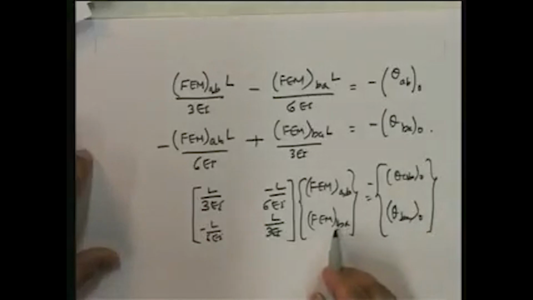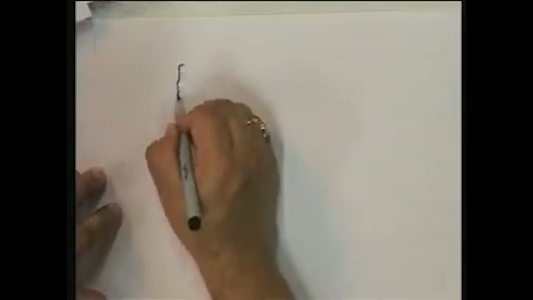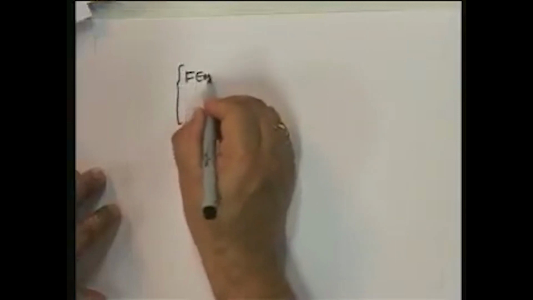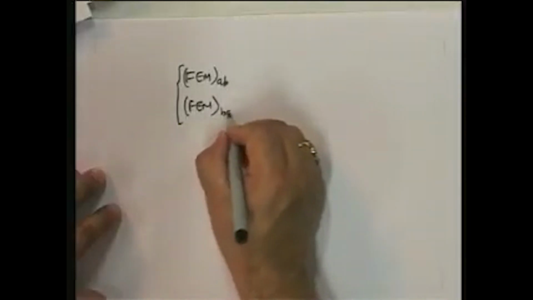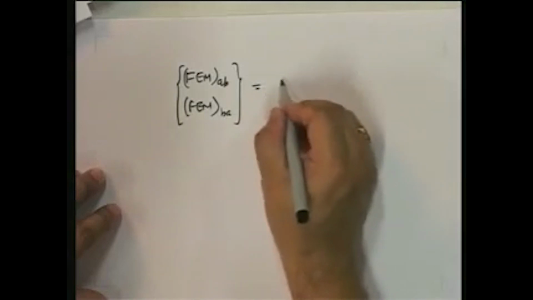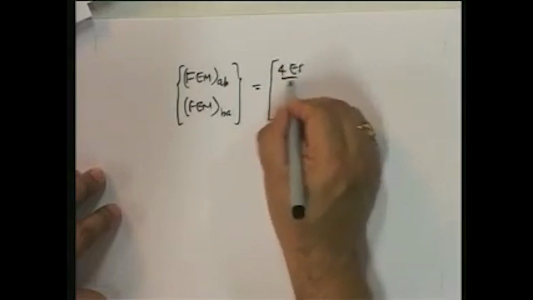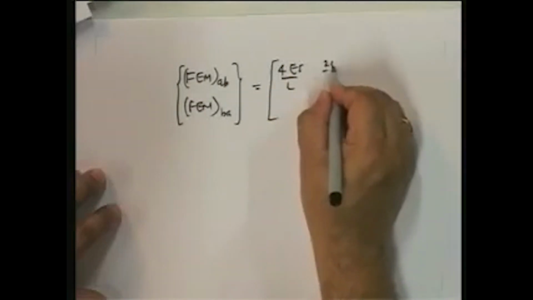So can I find out the fixed end moments? Sure, take the inverse of this, but note what the inverse is. You've already done this, so you will see that the fixed end moment AB and fixed end moment BA is going to be equal to 4EI by L. We've already done this.